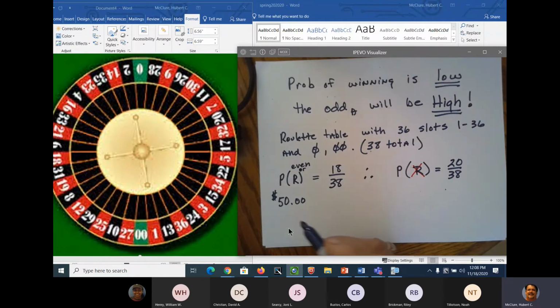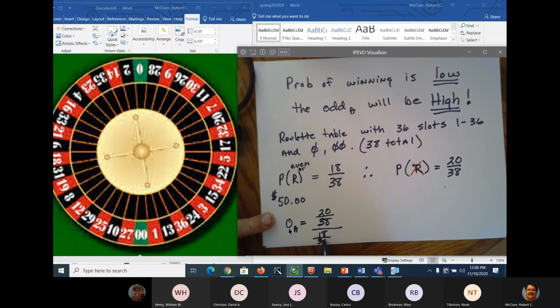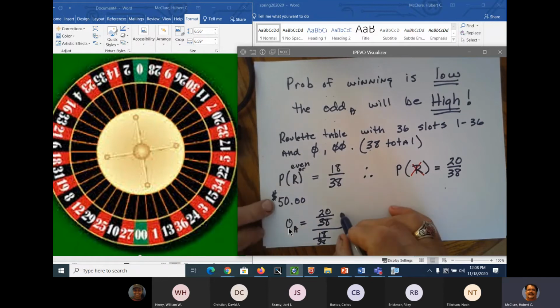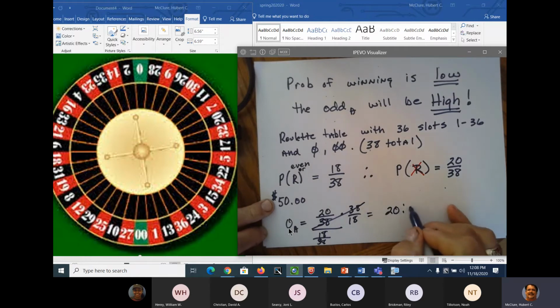Now let's do the odds against. Probability of failure over the probability of success. Multiply by 38 over 18. 20 to 18. Simplify.